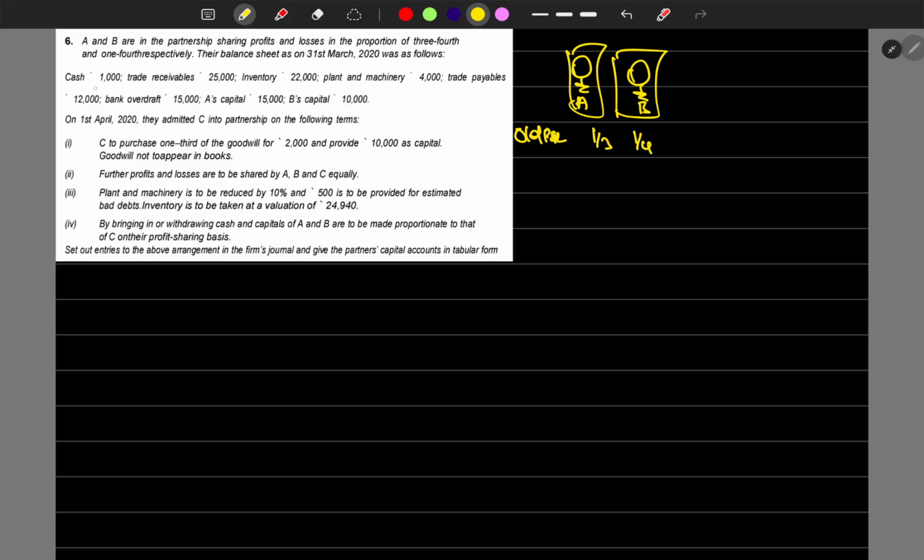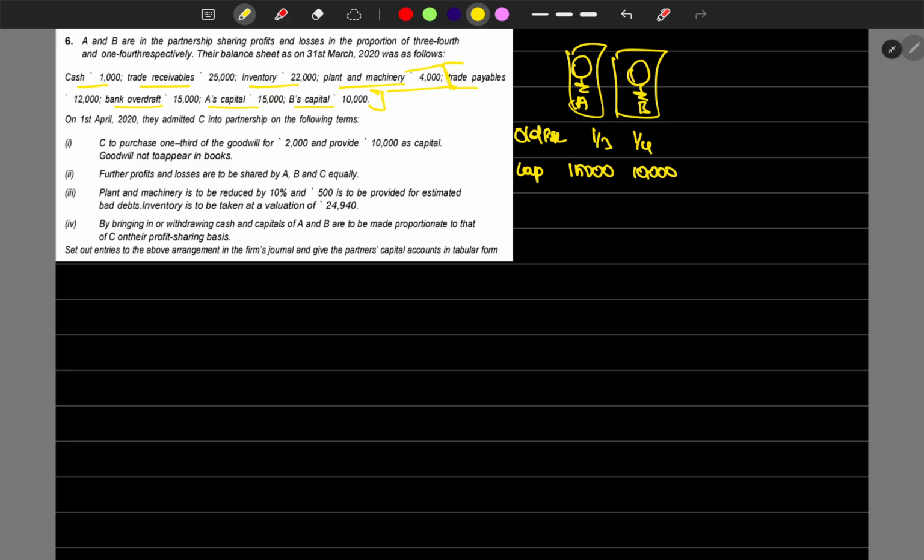Then balance sheet details are given: cash, trade receivables, inventory, plant and machinery. These are assets. Trade payables, bank overdraft, A's capital, B's capital are liabilities. A's capital is 15,000, B's capital is 10,000.